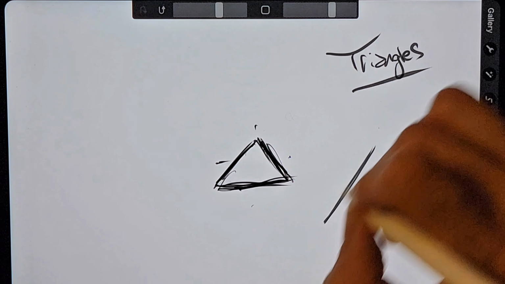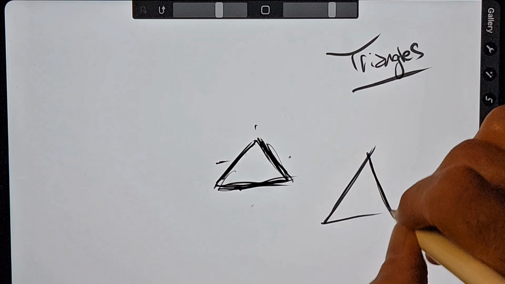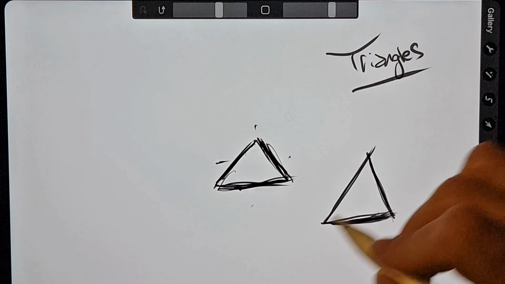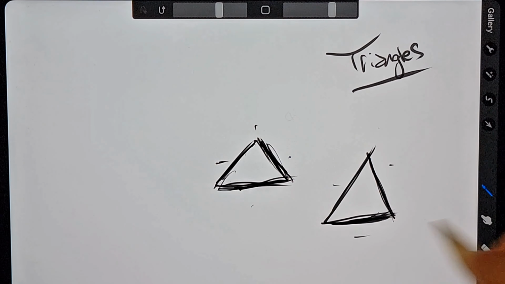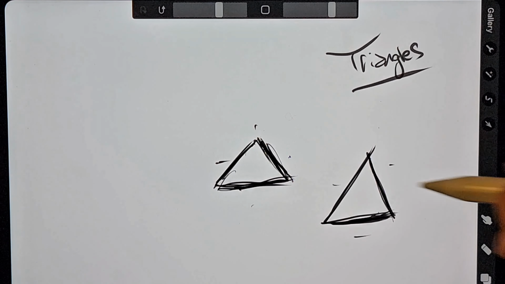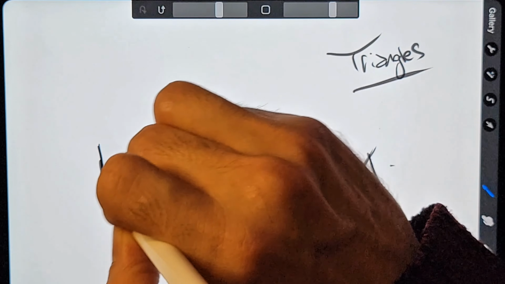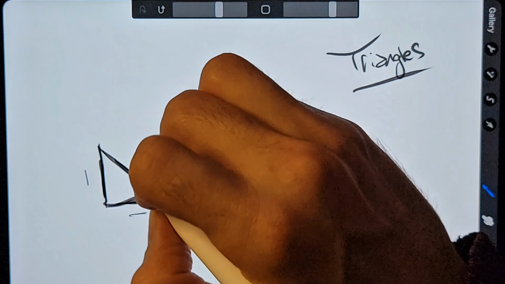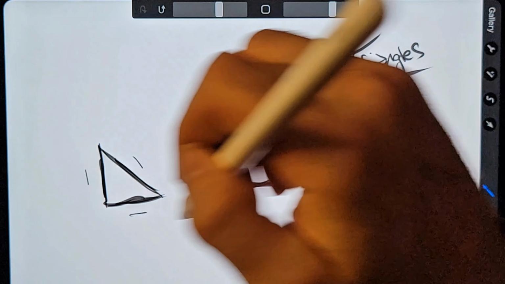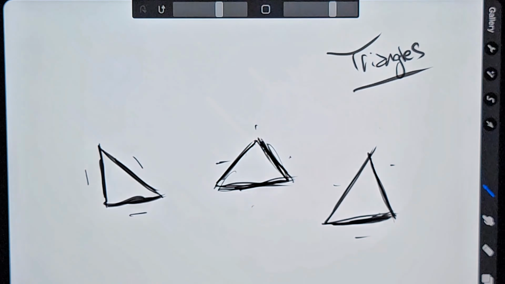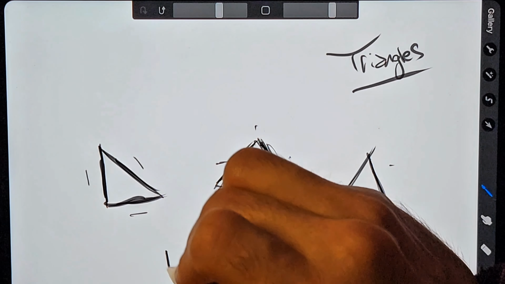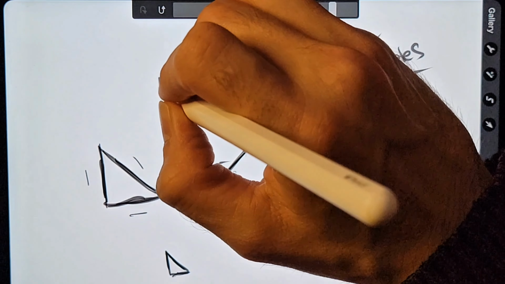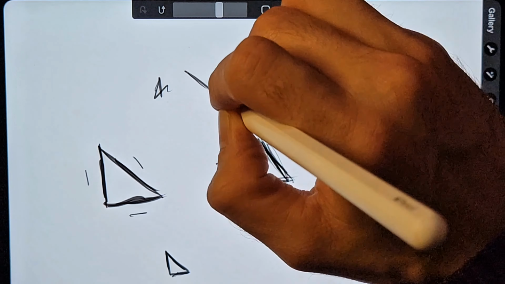Or you've got the isosceles triangle, which is kind of like the front of a pyramid, or like the tall roof of a house, where two sides are the same and then one is a different length, right? Of course, you've got your right triangle, where these two sides are the same, and this side's usually a different length, usually longer. Yeah, right, you can have a very tiny one, or you can have a very, very wide one.